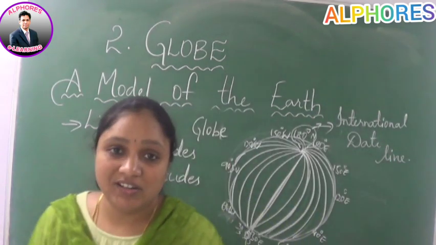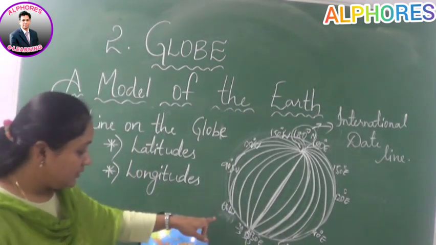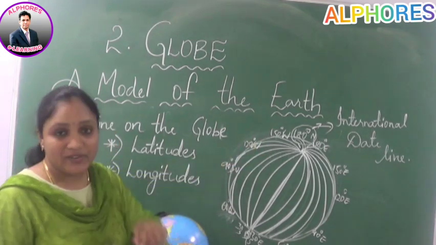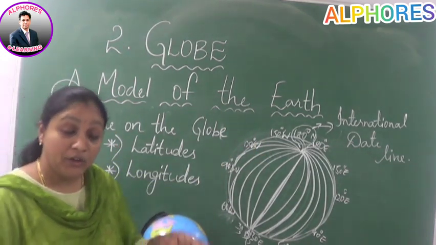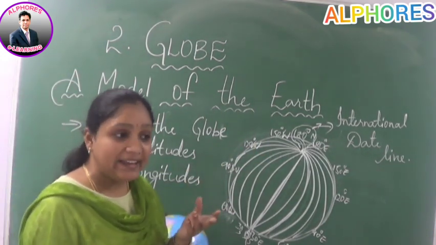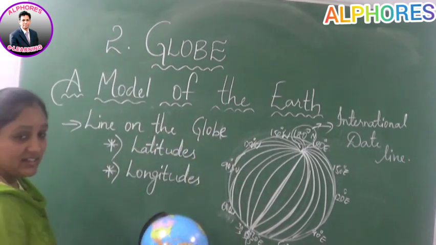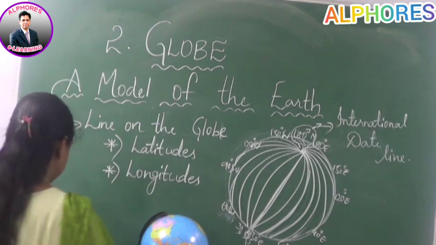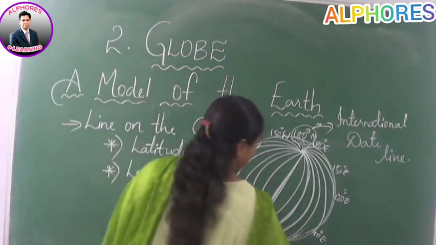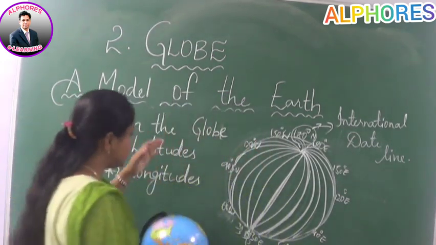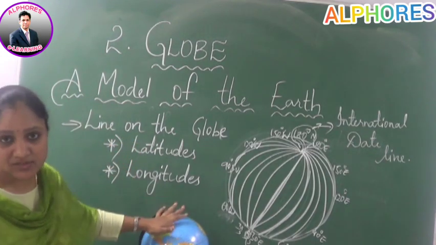Regarding the Greenwich line as well as the international dateline, you are going to learn in detail in your higher classes. Okay, so till here, is it clear everyone? Now next, let us discuss why we are using these latitudes and longitudes.